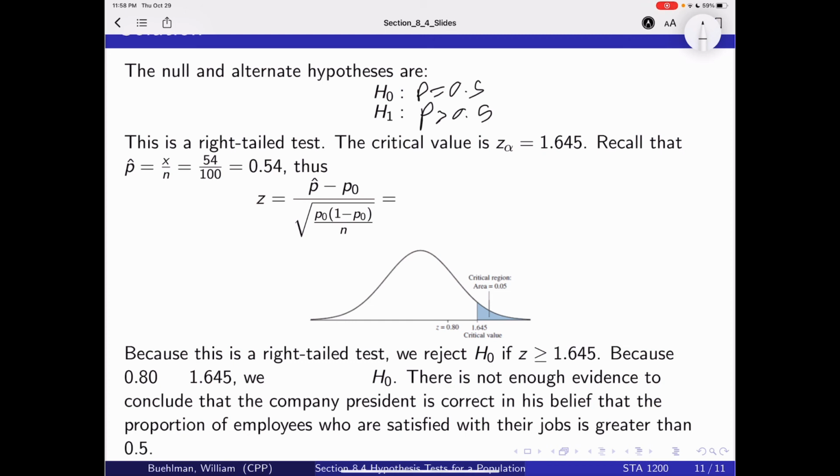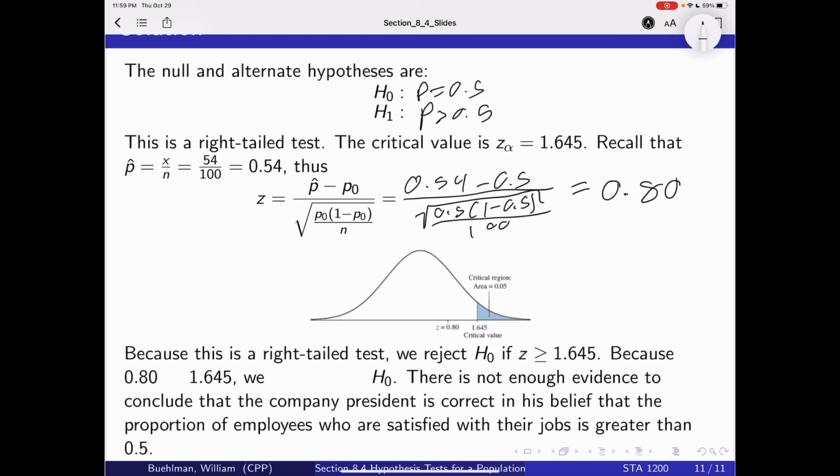Recall that p hat, the sample proportion, was 0.54. Thus, our test statistic is z equals 0.54 minus 0.5 over the square root of 0.5 times 1 minus 0.5 divided by 100, which gives us 0.80.